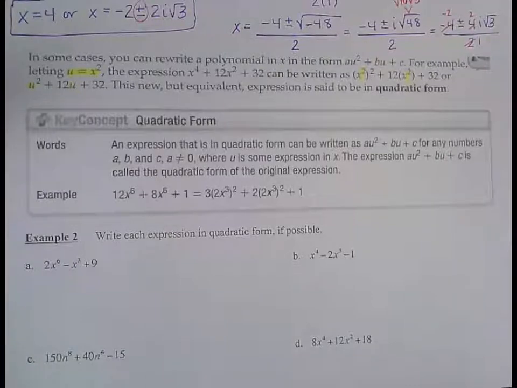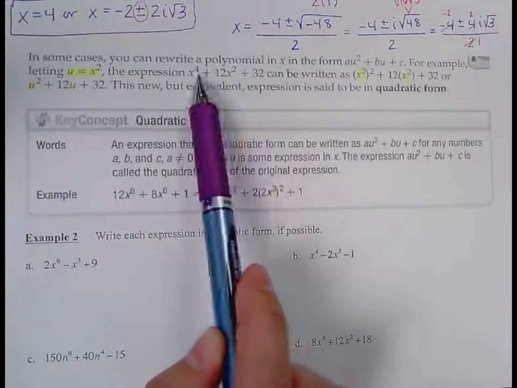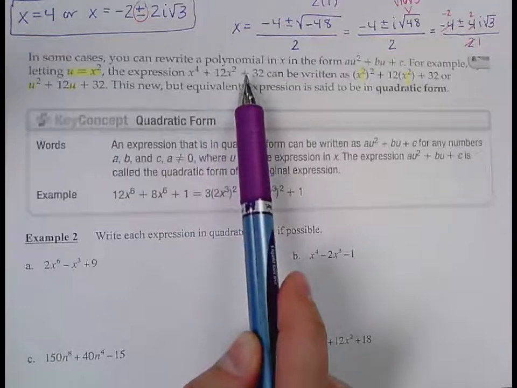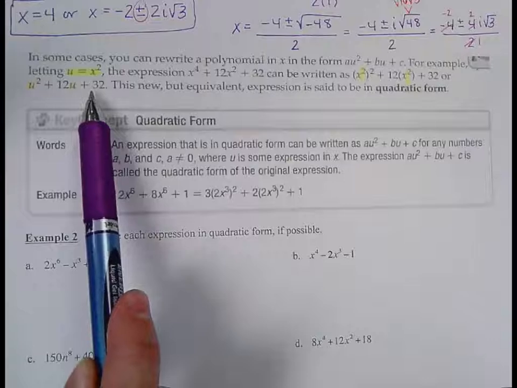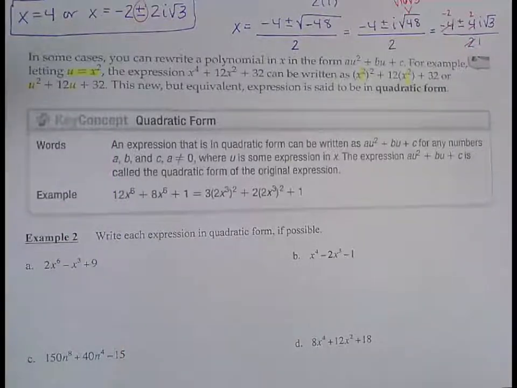Why are we doing this? You are taking a polynomial that has a higher degree, higher exponent than 2, and you're writing it as a quadratic expression, because we just spent an entire chapter on how to solve quadratic equations. So rather than learning all of these new methods, part of writing this in quadratic form, that part is new.